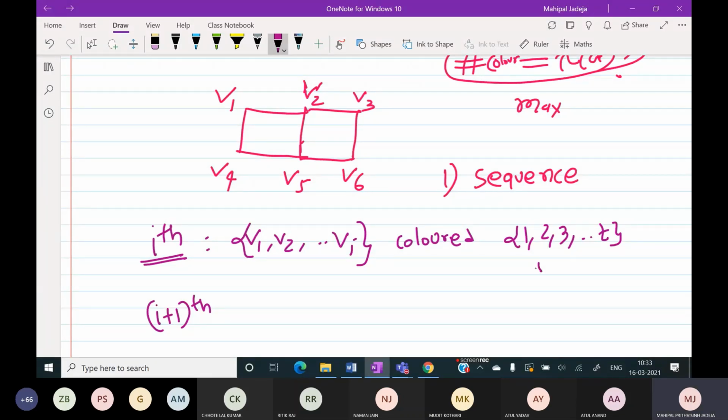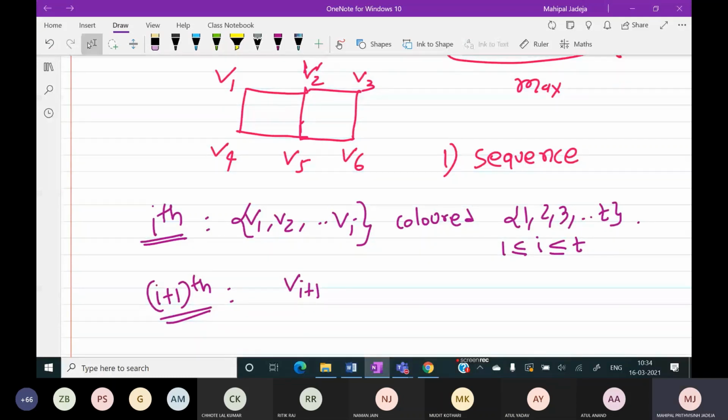What needs to be done in the I plus 1th iteration? I need to give a decision for Vi plus 1. I need to color this particular vertex, Vi plus 1. So what is the restriction now? I need to consider definitely the neighbors of Vi plus 1, right? So let's say the neighbor set.